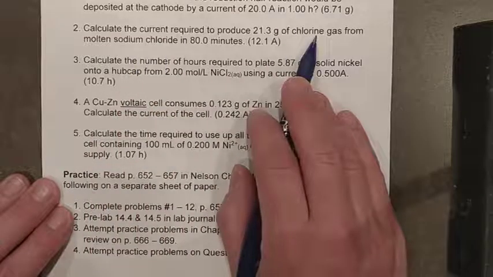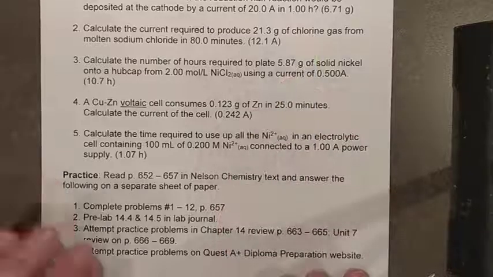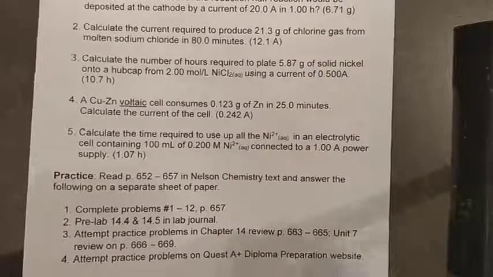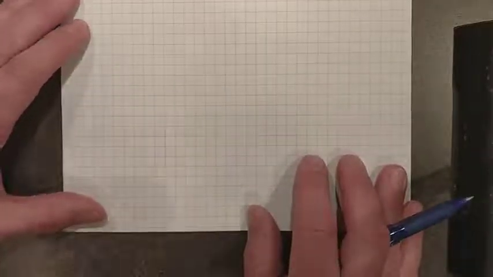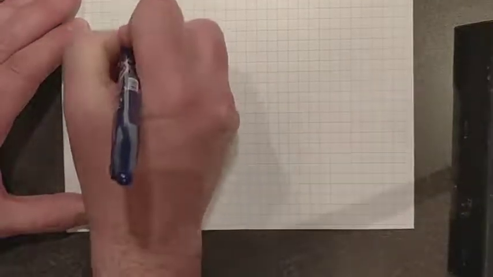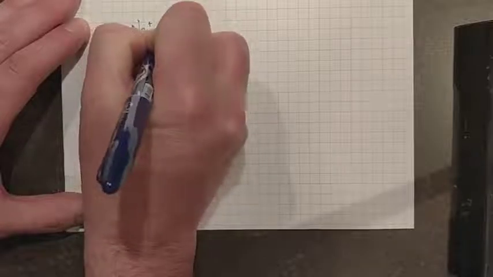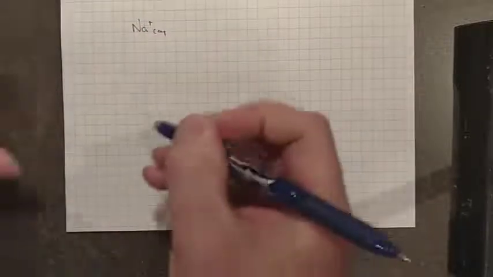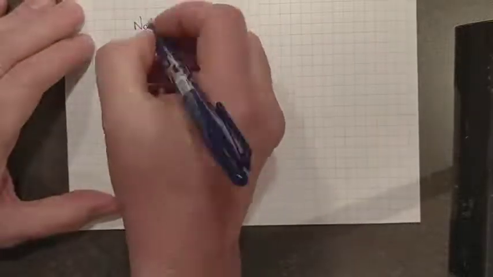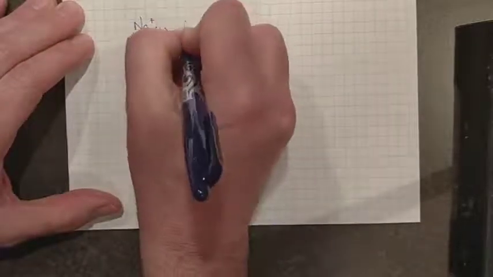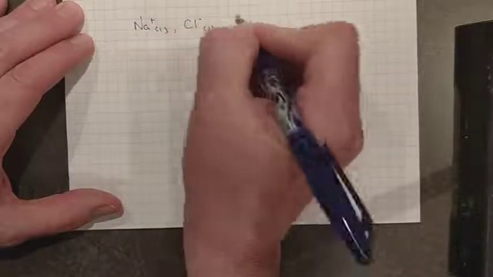But if you think about it, we are trying to produce chlorine gas. So there is a shortcut for those that are seeing it already. If not, let's just quickly explain it. If we had molten sodium chloride, you have Na+ in liquid state, and you would have chloride ions in liquid state.